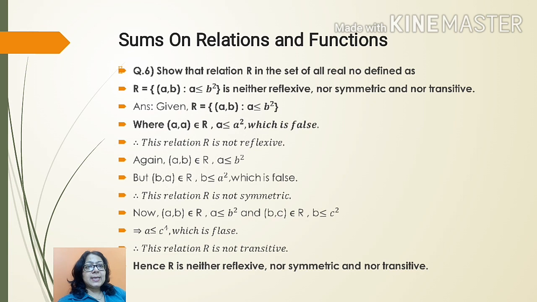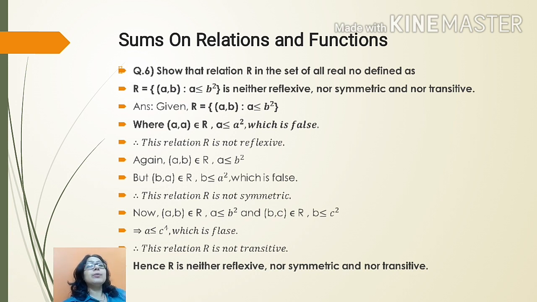Now question number 6. Show that the relation R in the set of all real numbers defined as R equal to {(a, b)}, where a is less than or equal to b squared. So the first case is for (a, a). For (a, a), a less than or equal to a squared can be false.